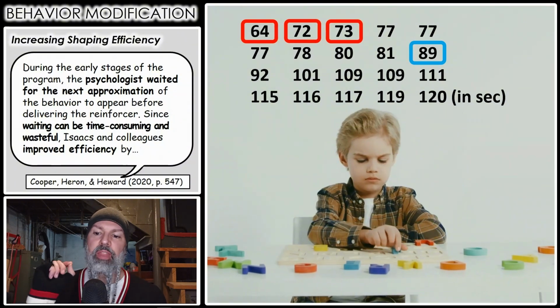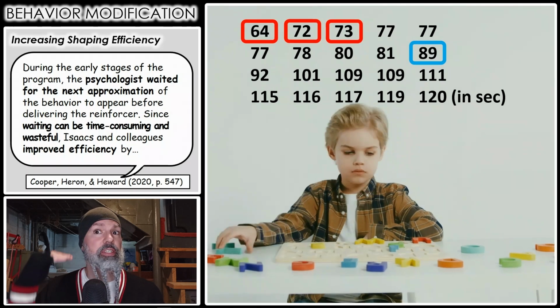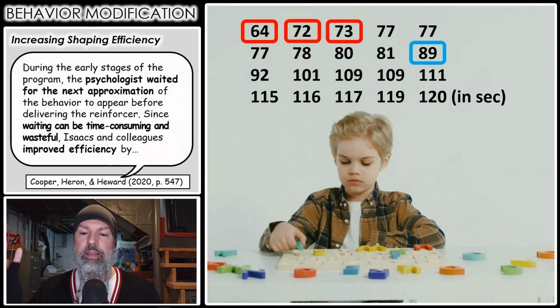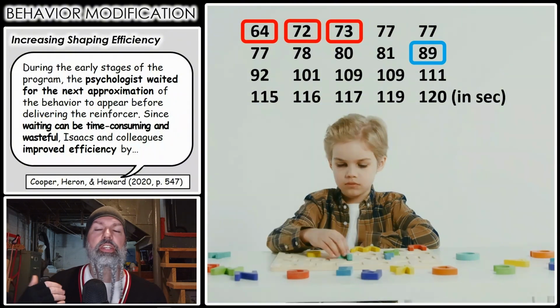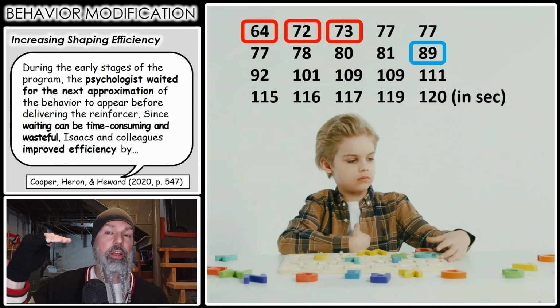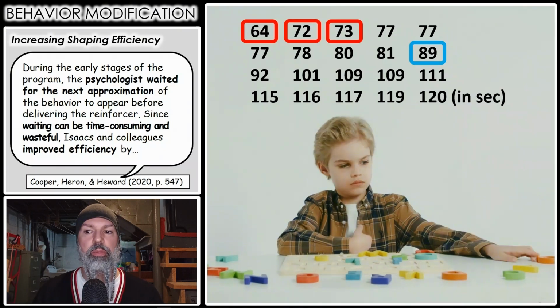And finally, one big unanswered question is, how much does this actually improve efficiency over just using a behavior analyst's gut feeling or instinct for how much quicker to move the training along? What's the next successive approximation supposed to be?